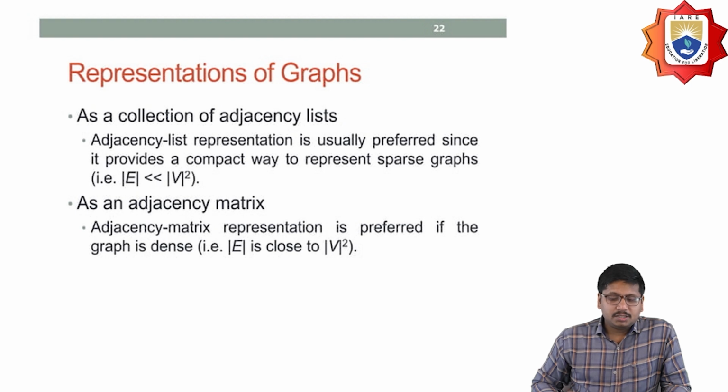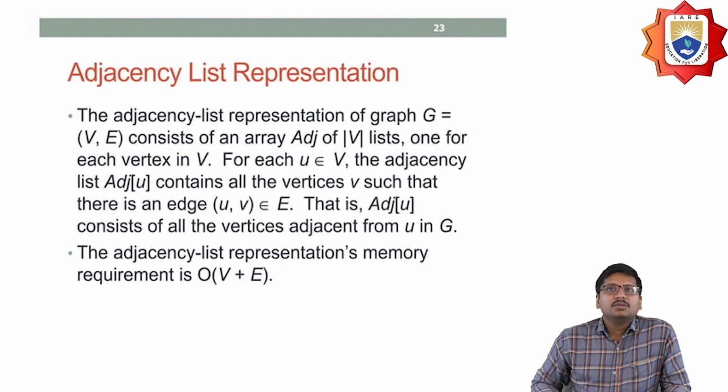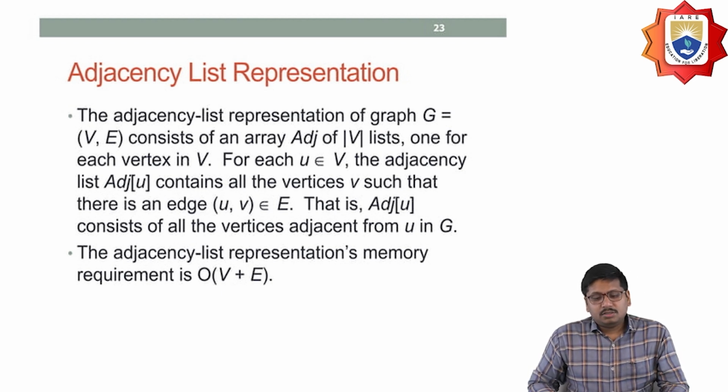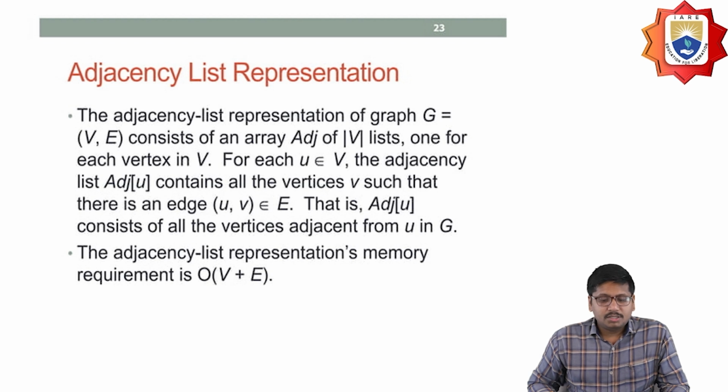The adjacency matrix representation is preferred in other cases. The adjacency matrix is an array of vertices, and we have to find out whether each vertex is adjacent or not. If it is adjacent, then you have to mark it as a common vertex of the graph.